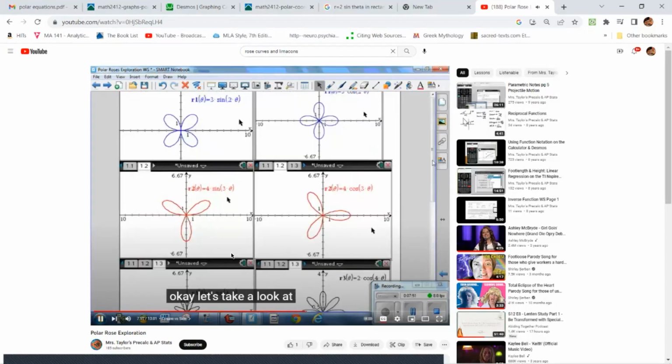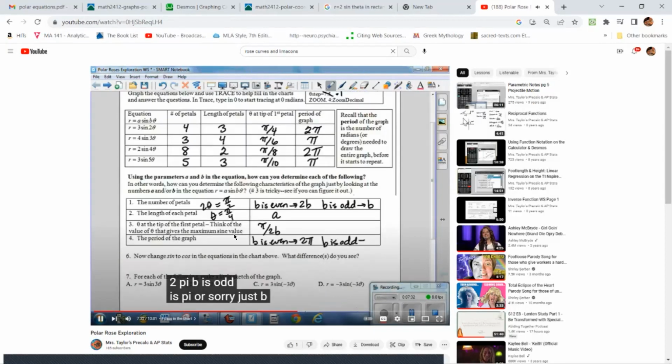Okay, let's take a look at cosine compared to sine. Or sorry, just B. So here, if you want to know what your tip of the first petal is, it's the value of theta that gives the maximum. Think of the value of theta that gives the maximum sine, and that is pi halves.